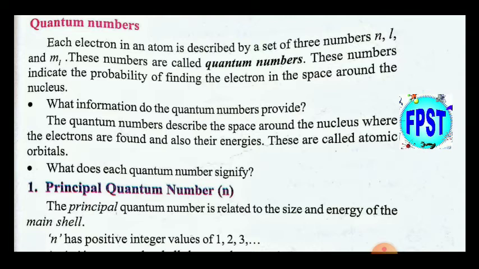As we tell the address with the district, mandal, village and street, here the quantum numbers also give the number of the shell and the subshell and the orientation and spin, means we can understand the position of the electron more effectively with the use of quantum numbers.